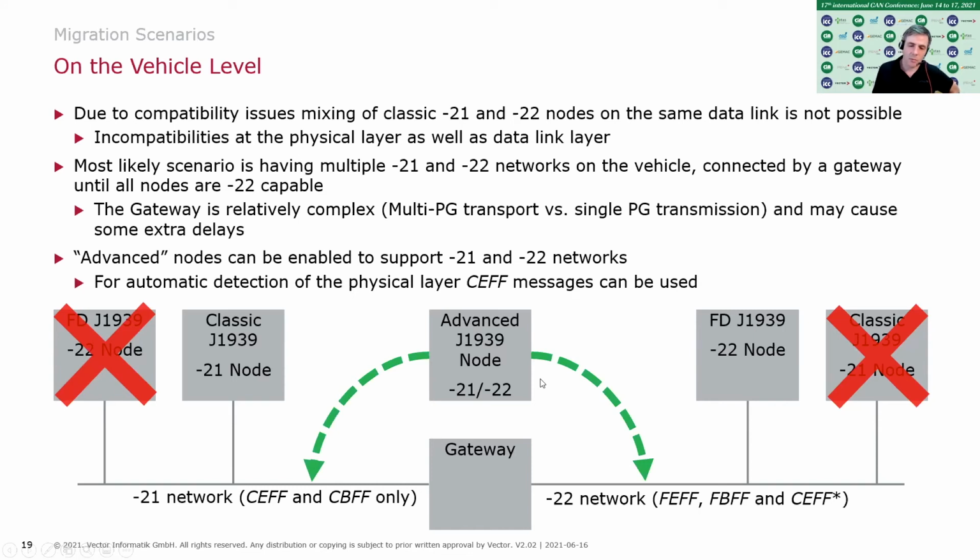Or, and this is maybe a thing you should consider if you design new nodes, or if you have to make modifications to the existing hardware of your nodes, then I call this the advanced J1939 node. It is possible that you come up with a setting that has capabilities for both network layers, so that this node is prepared on the physical layer side.